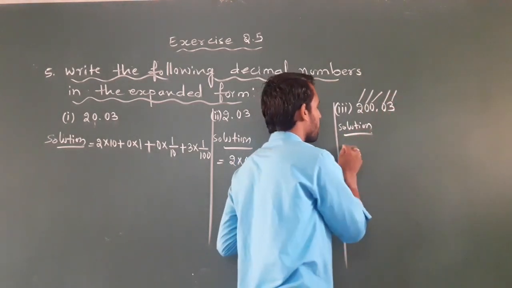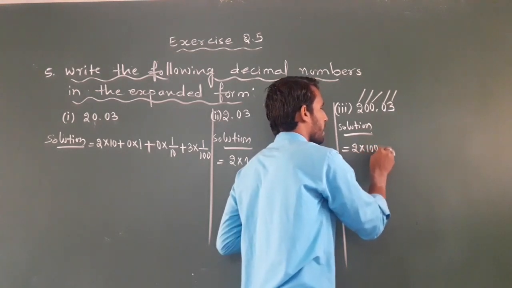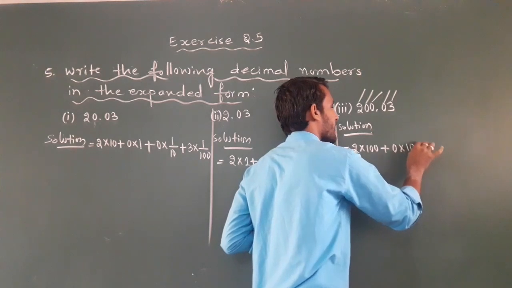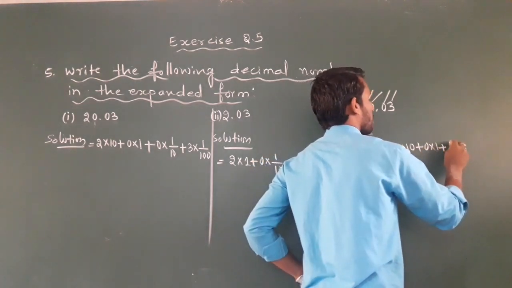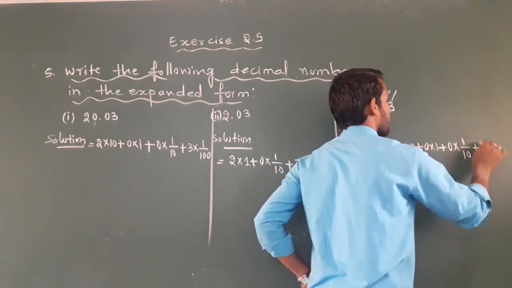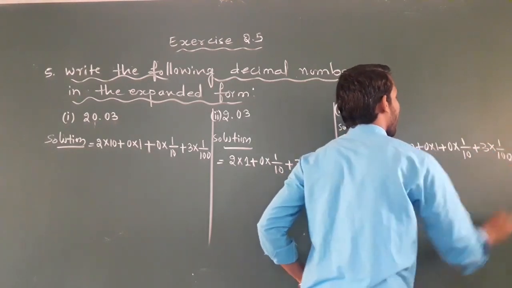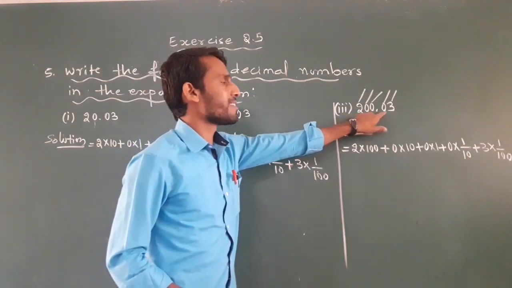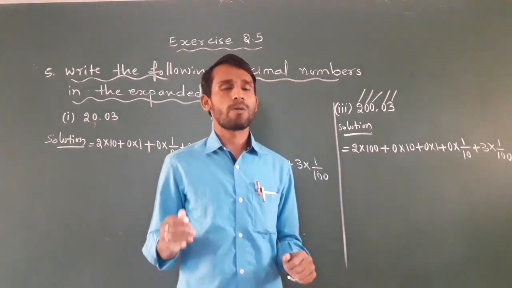Writing in the expanded form, we get 2 into 100 plus 0 into 10 plus 0 into 1 plus 0 into 1 by 10 plus 3 into 1 by 100. This is the expanded form of decimal number 200.03. Dear students, the remaining problems in this exercise you solve at home.